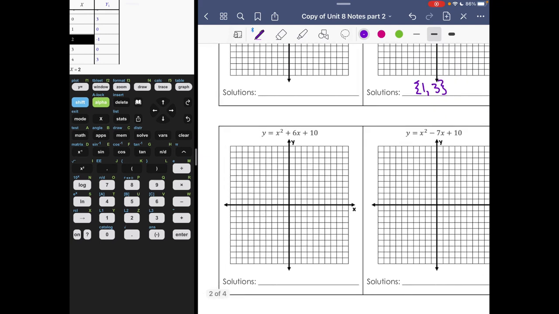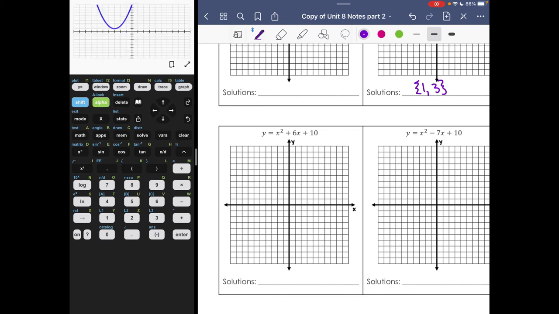So we've got x squared plus 6x plus 10. So we're going to go in here, clear that out. X squared plus 6x. Whoops, wrong button. Oh my. Plus 10.